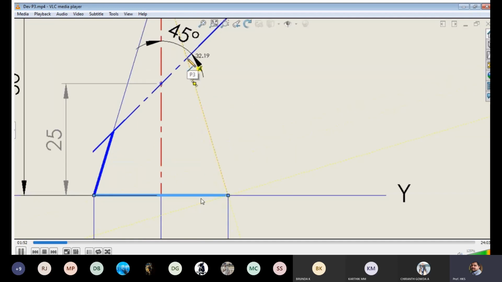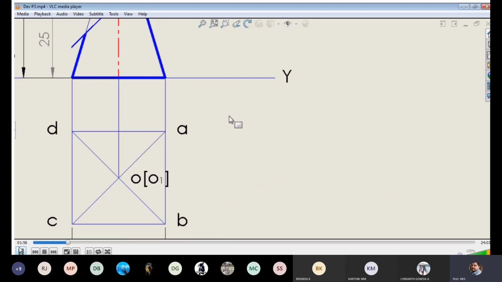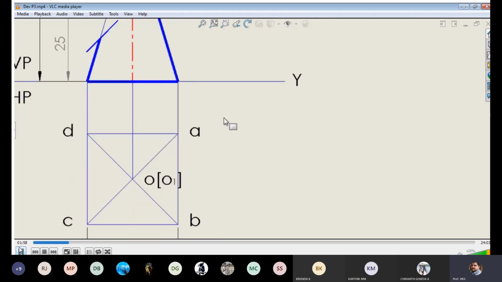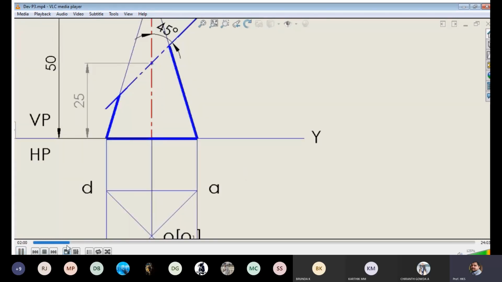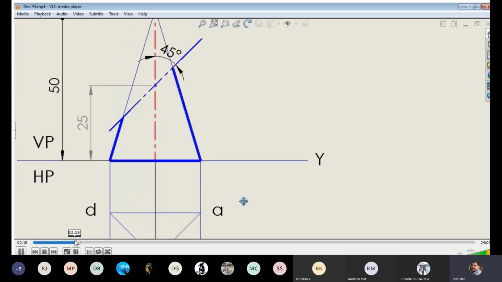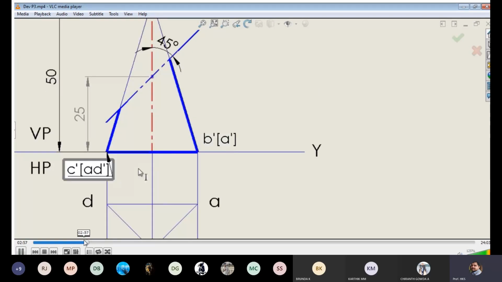You have to name these points at the base.